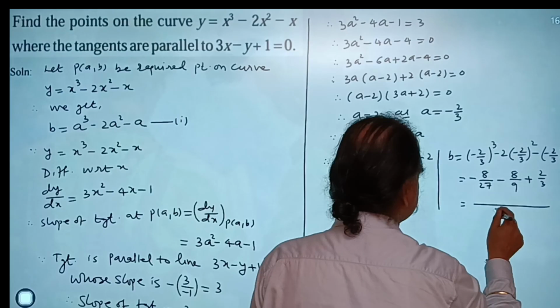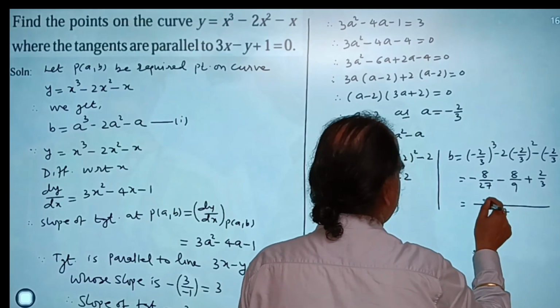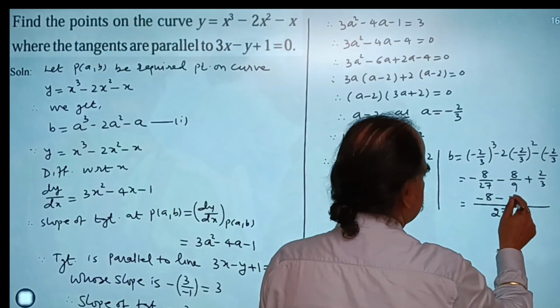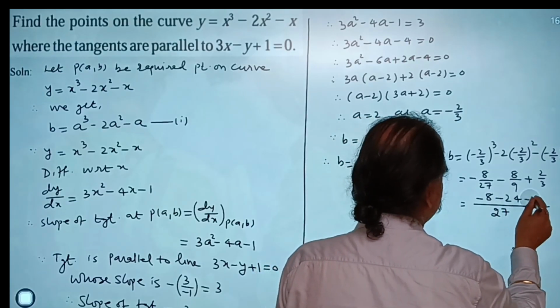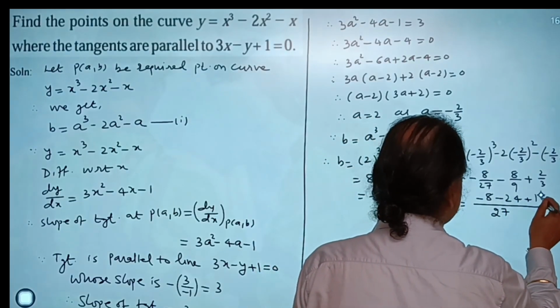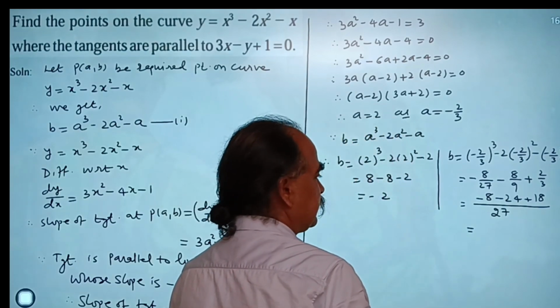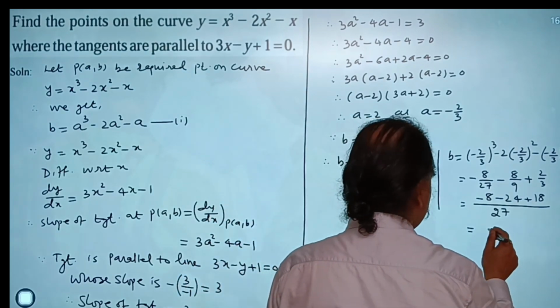Taking 27 as LCM: minus 8 minus 24 plus 18, minus 32 plus 18 is minus 14 upon 27.